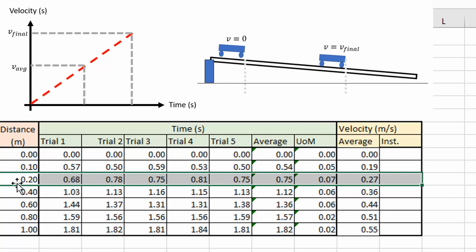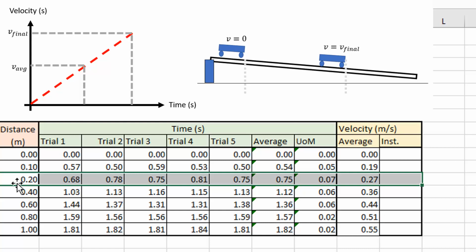If we look at this graph here, we can see that the average velocity is actually halfway between, if we assume that we've got a linear or constant acceleration, which is a pretty good assumption for this experiment. If we've got a constant acceleration, then our average velocity for the journey from 0 to 20 centimeters is exactly half of the velocity when the trolley was at 20 centimeters.